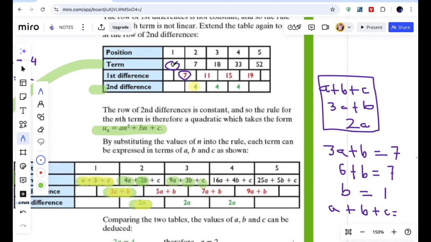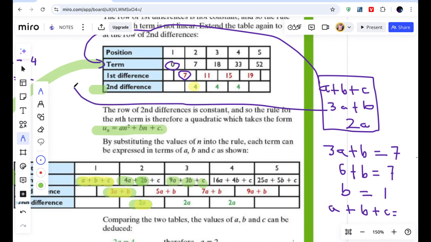This place is for the term. This place is for the first level difference. And this place is for the second level difference.